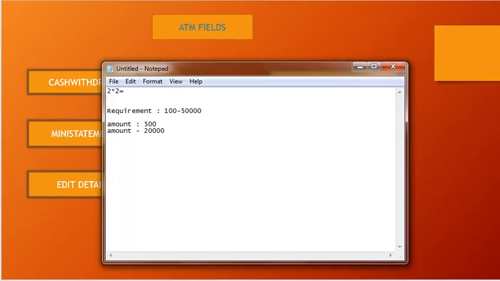Okay. So let me take one more example where I want to withdraw cash of 120 rupees. What will it do now? It will give me a message saying enter multiples of 100.